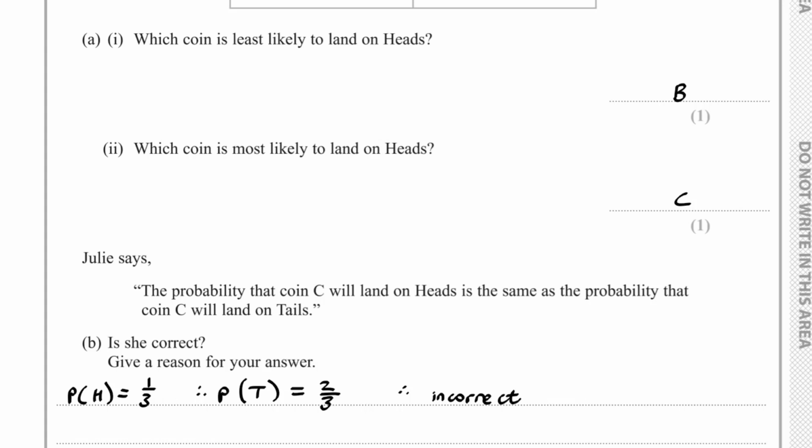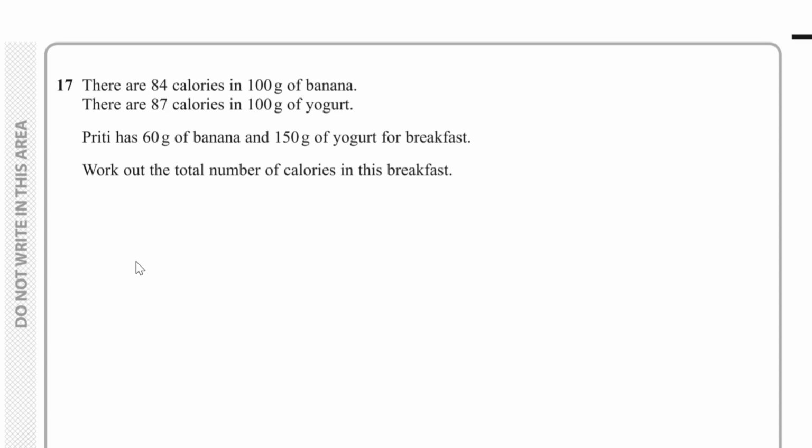So now for question number 17, there are 84 calories in 100 grams of banana. There are 87 calories in 100 grams of yogurt. Pretty has 60 grams of banana and 150 grams of yogurt for breakfast. We have to work out the total number of calories in this breakfast.